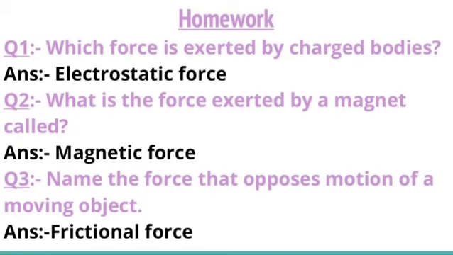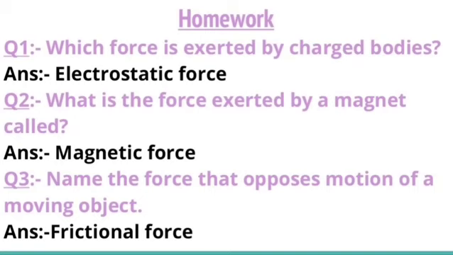Okay, and it is a type of non-contact force. Second question, what is the force exerted by a magnet called? So the answer is magnetic force. The force exerted by a magnet is called magnetic force.